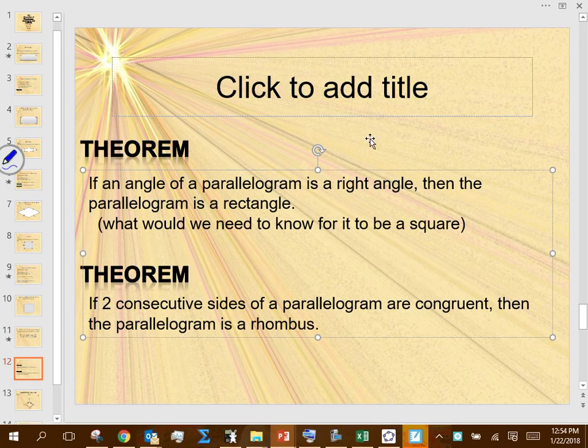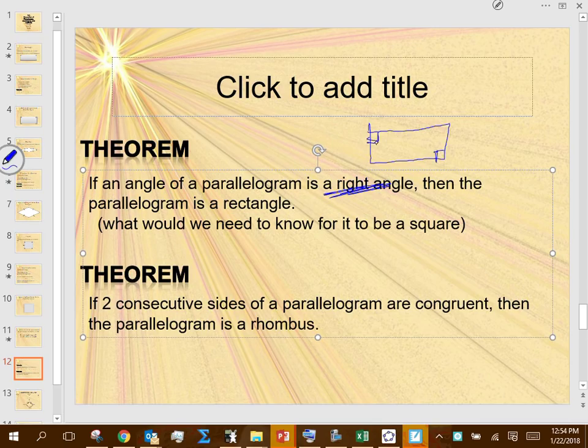They're congruent. So if you know that this shape right here is a parallelogram, you should know that that angle there and that angle there are congruent, right? Well, if this one's 90, what does this one have to be? 90. So this one right here is the right angle that I'm talking about. If I know that one's a right angle, I automatically know that one's a right angle.